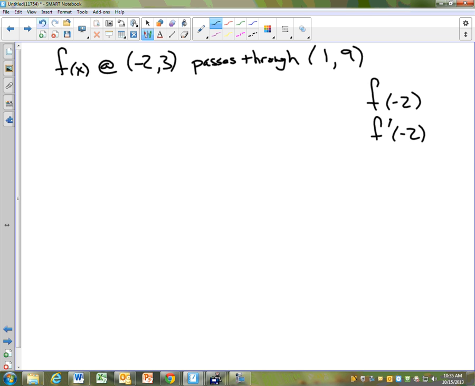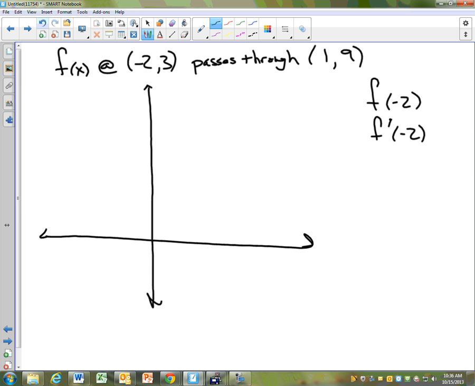All right. There's a function, and at -2, 3, it has a tangent line that passes through 1, 9. So I'm going to draw myself a little picture just so we can get a visual of what's happening. I'm going to go back 1, 2, up 1, 2, 3, 4, 5, 6, 7, 8, 9. So the function has a value at -2, 3.